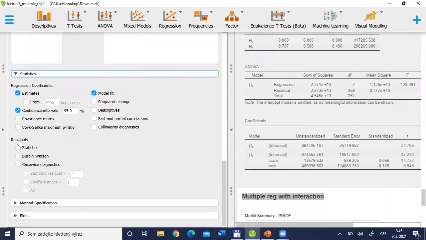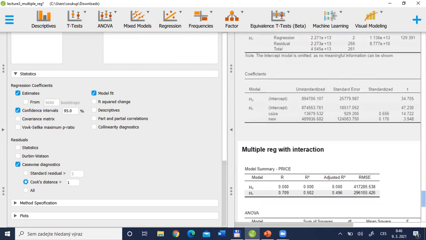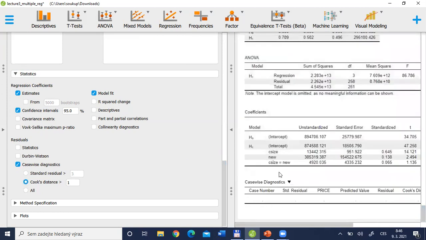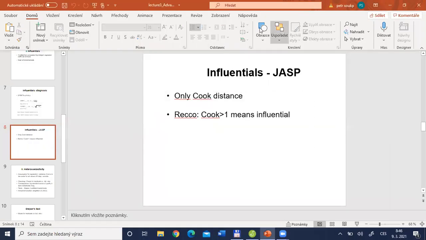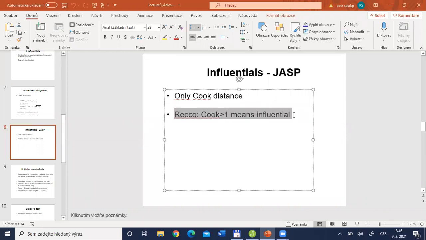Here it is: residuals, case-wise diagnostics, and here you can see Cook's distance. By default, JASP is using the table of case-wise diagnostics with Cook's distance over 1. There is quite a famous recommendation in the literature that if Cook's distance is over 1, it means we have some influential in my data.